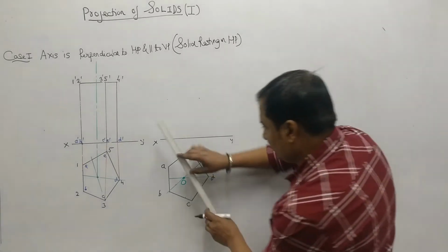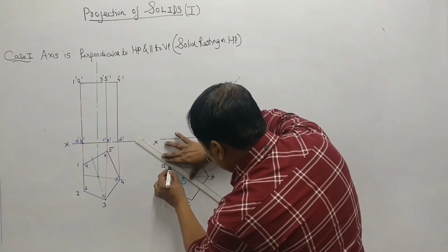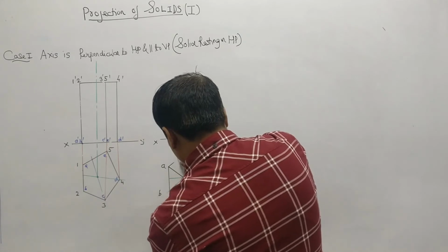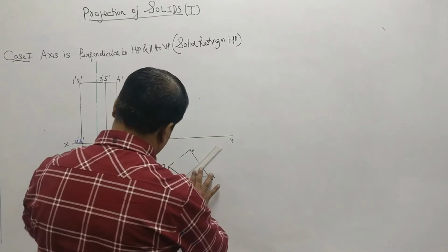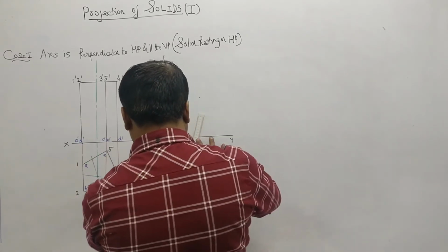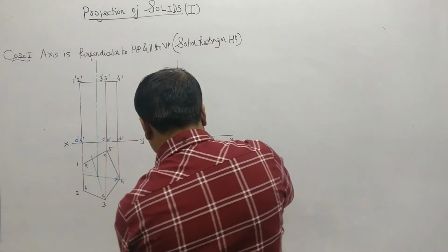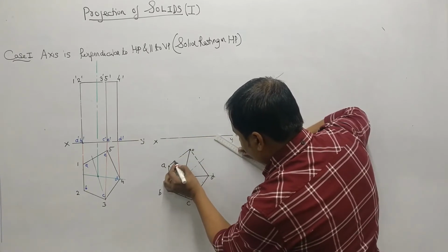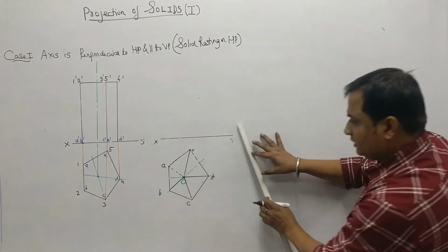That will be visible. So I will be getting OA, OC. All the lines are visible from the top. Basically, these are the longer edges that will be visible from the top. So this will be my top view.